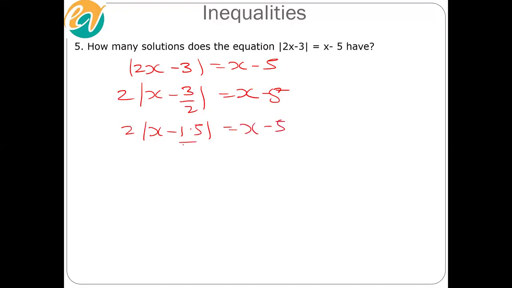Now, what's the inflection point? 1.5. So again, what do we do? Consider two cases: x is greater than or equal to the inflection point, or x is lesser than the inflection point.